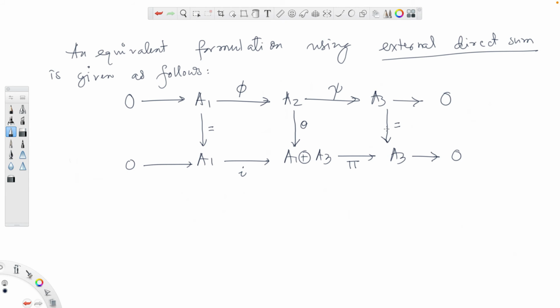This sum is called the external direct sum.